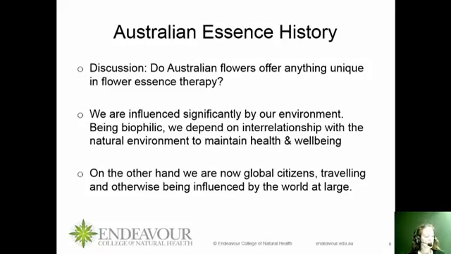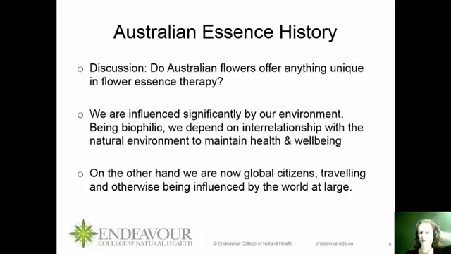It's also argued that the land itself has a unique vibrational signature, and that choosing plants from the healing that the land already holds, the unique vibration that the land already holds, can help to bring people back into balance from that area.